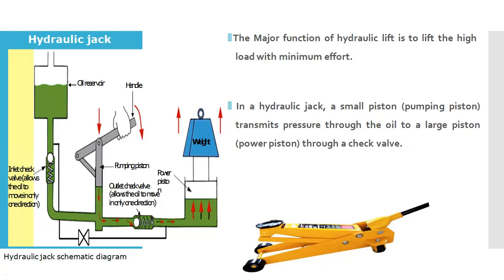For this realization and exertion of pressure, a check valve is fitted so that the oil moves in the right direction, making the system more efficient and easy to move. That is how the hydraulic jack works, with the small pumping piston transmitting the oil to the large piston through a check valve.